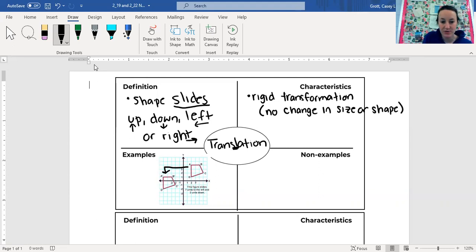Notice it's still pretty small right now, and it's still pretty small when it's over here when we moved it. Something also important is that it is not reflected. It's still facing the same direction.